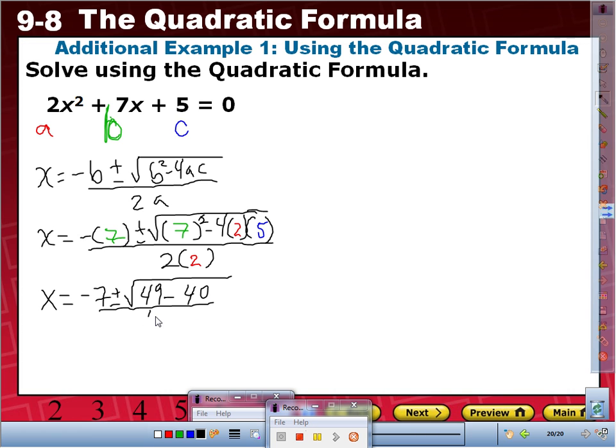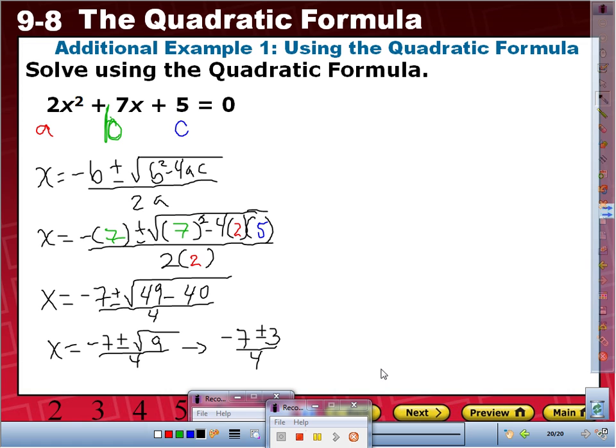Over 2 times 2, that's 4. So x equals minus 7 plus minus square root. What is 49 minus 40? 9 over 4. So this is negative 7 plus minus square root of 9, that's 3, over 4.